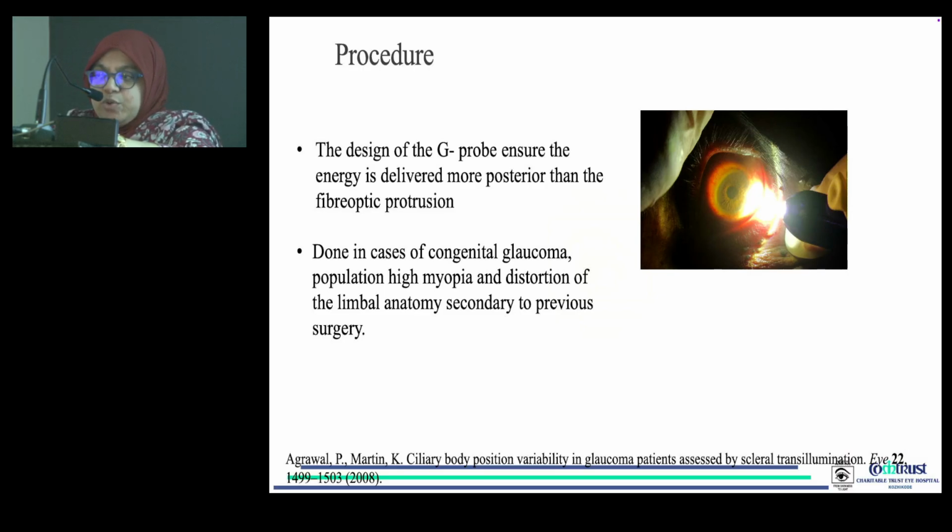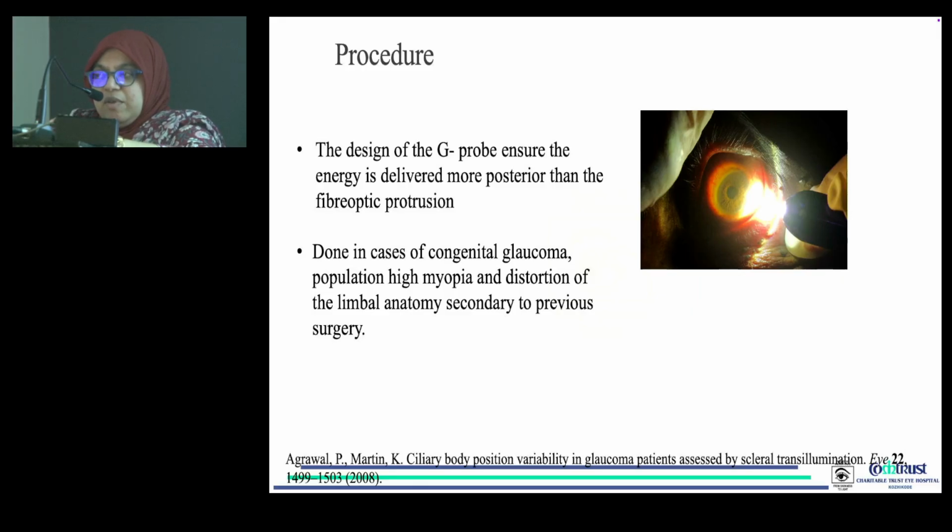In certain cases like congenital glaucoma, high myopia, and previous surgery, there's distortion of the limbal anatomy. In such cases, you should mark the ciliary body.